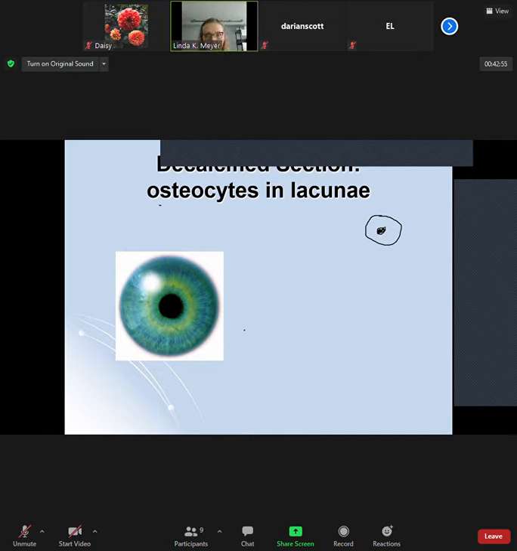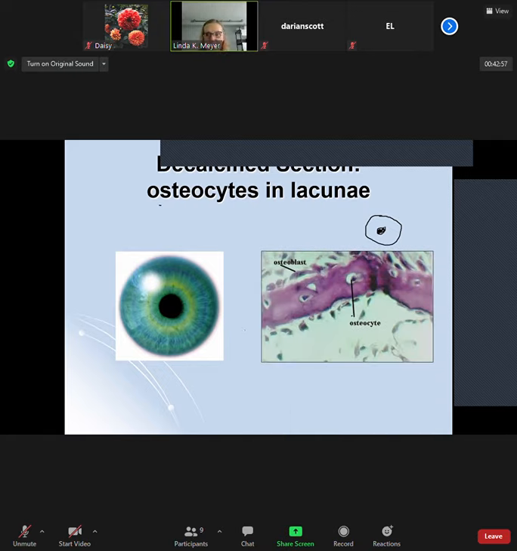That's what an osteocyte looks like in its lacuna. It's shown on a smaller scale on your outline, but there's the lacuna, and then there's the nucleus of the osteocyte. So that's how the osteocytes appear on a decalcified section.